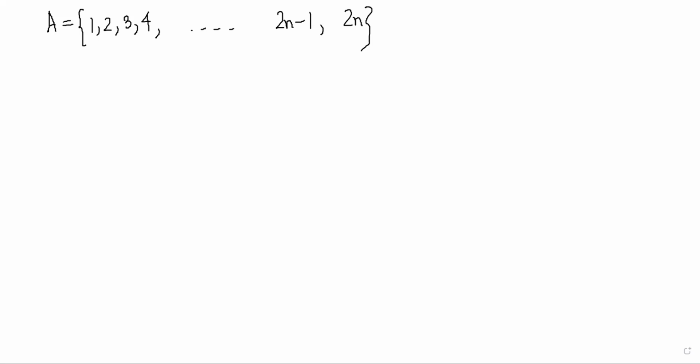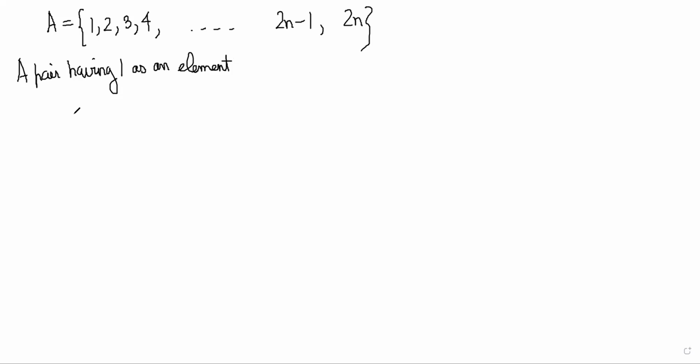Let's try to construct a pairing now. A pairing is a grouping into pairs like that, right? So let's say a pair having 1 as an element. One of the elements is 1, right?